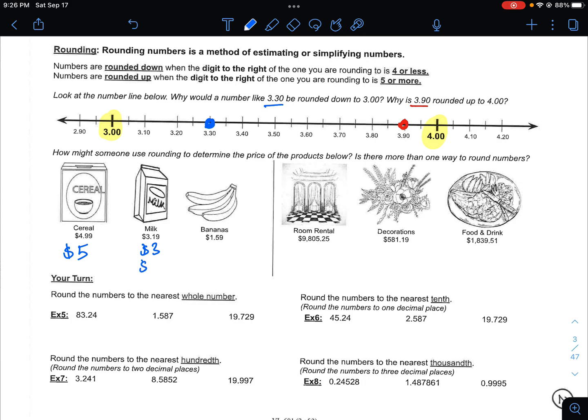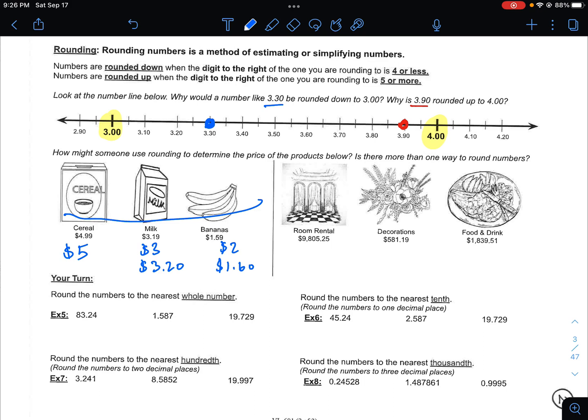And is that a valid way to round the number? Sure it is. When you look at the bananas, you may say, oh, the bananas are $1.60. Or I can just say the bananas are pretty close to $2. Or close enough to $2.